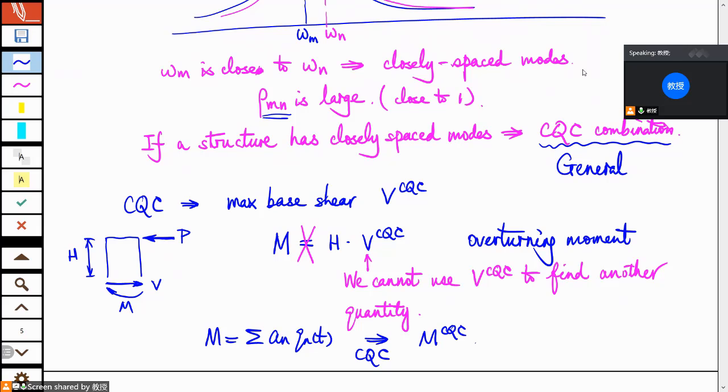Okay, so that's the basic idea. You cannot use V CQC to find the overturning moment. You have to use modal response, and through CQC to find M CQC.